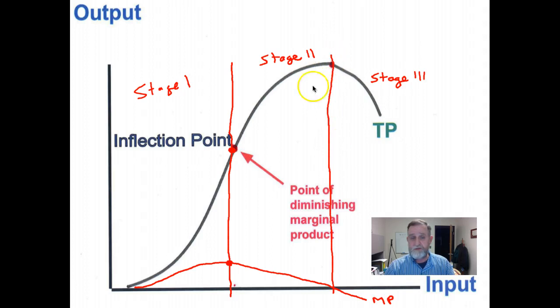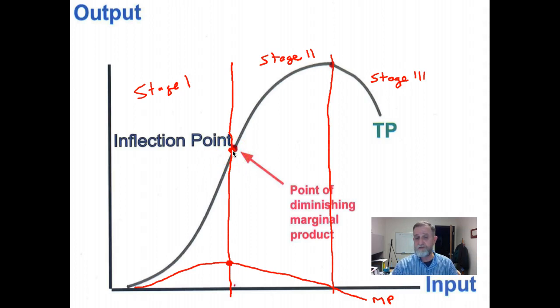And if anything, in stage 1, we are getting more bang for our buck. We're becoming more efficient with every unit of input. We see this function is turning up all the way up to your inflection point.